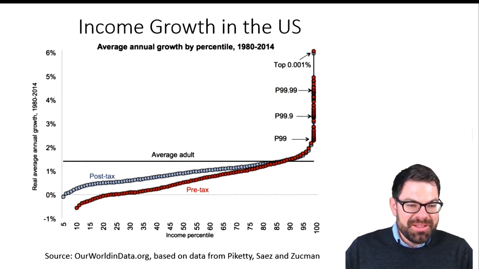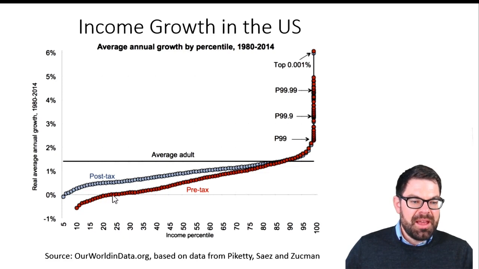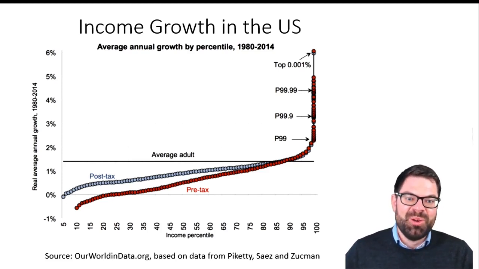But on the other hand, and this is also what you can see here, the pre-tax incomes have been stable and have not grown at all for a huge part of the population, or were even negative. And then only through redistribution, through taxes, have their post-tax incomes actually grown per year on average.